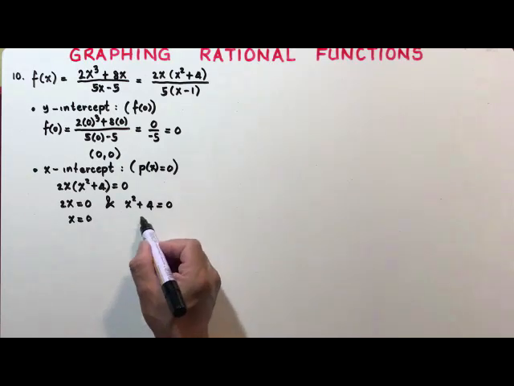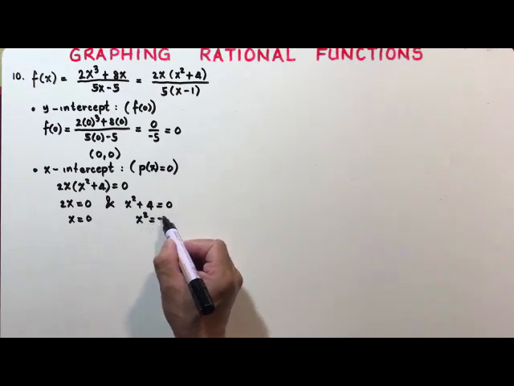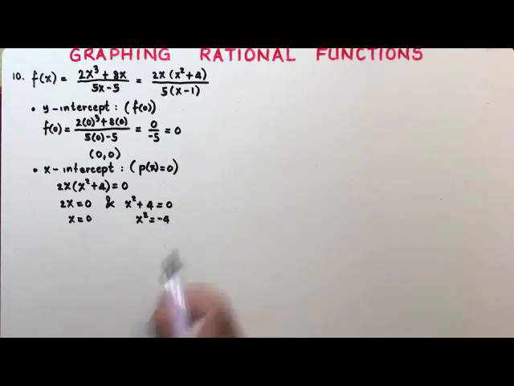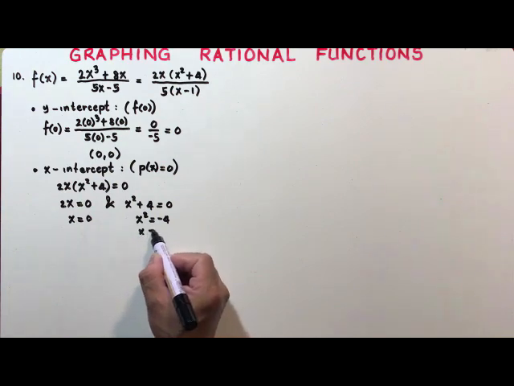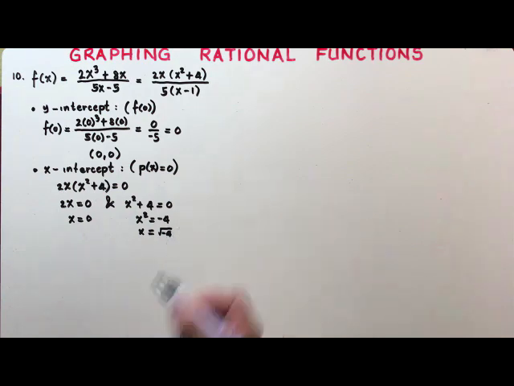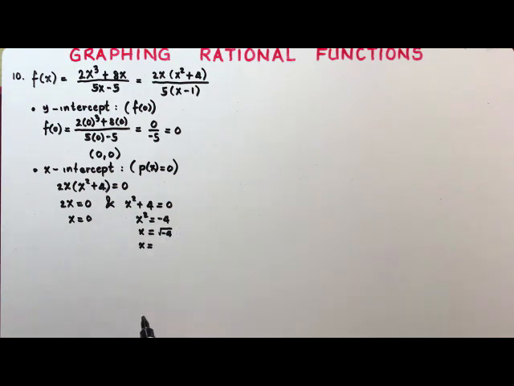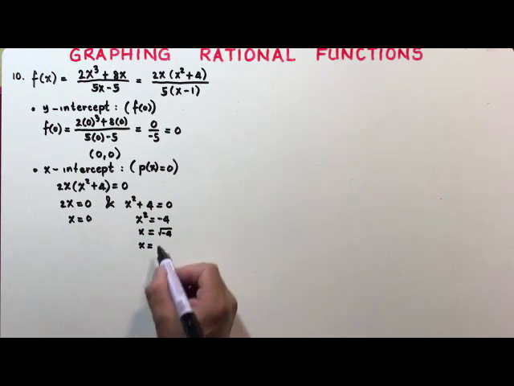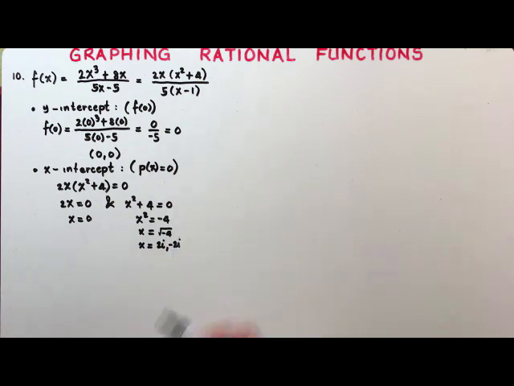And also this one, we have x squared, which is equal to the -4. And taking the square root of both sides, we have x is equal to the square root of the -4. And the square root of -4 is positive negative 2i. So 2i and -2i. And since these are imaginary numbers, we cannot find this in the real plane.